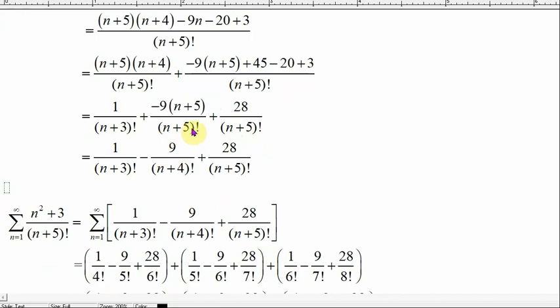And again, right here, this is (n plus 5) times (n plus 4) factorial. The factors n plus 5 will cancel each other out. What's left is the minus 9 over (n plus 4) factorial. And then right here we get 28 over (n plus 5) factorial.